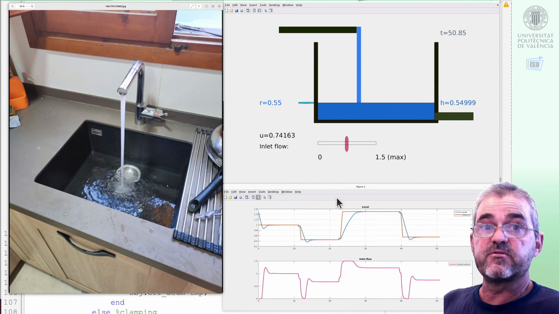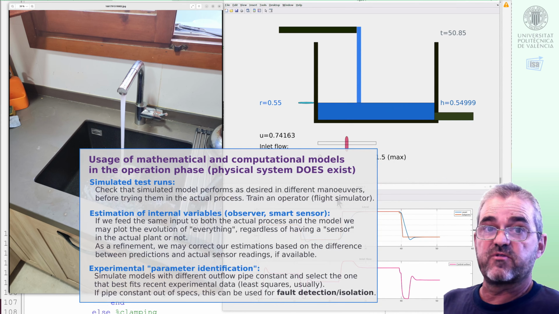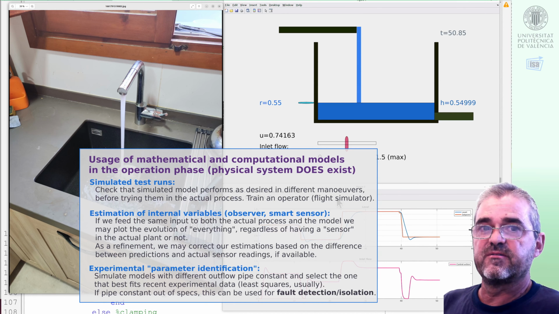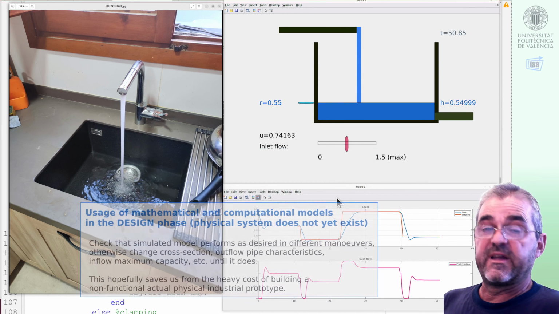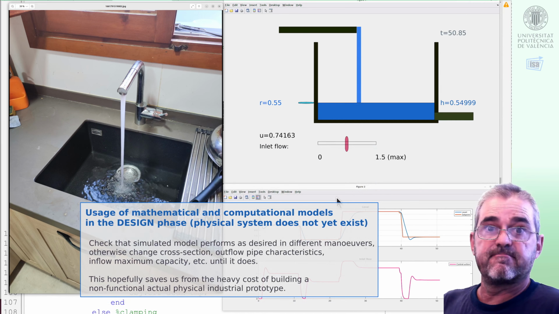These models have a lot of uses in industrial applications, from pure simulation so that the operator acquires some common sense knowledge before breaking things. Pilots first drive a flight simulation before actually crashing an Airbus plane. We can use the models to design the process and see if we need different pipes.